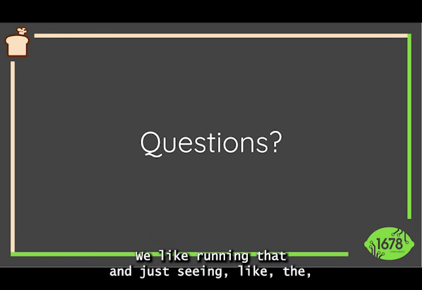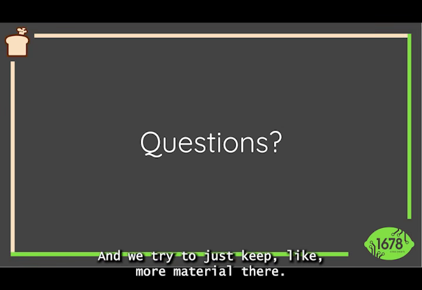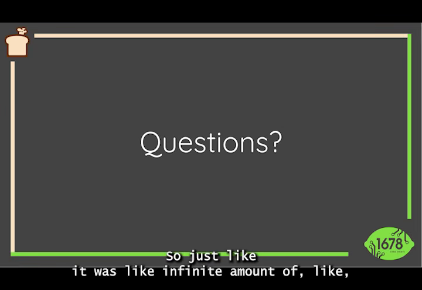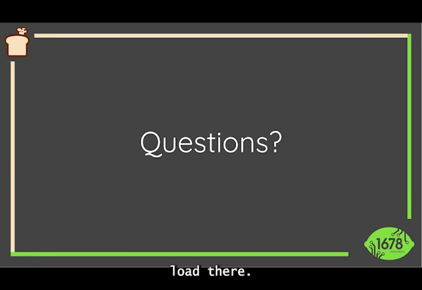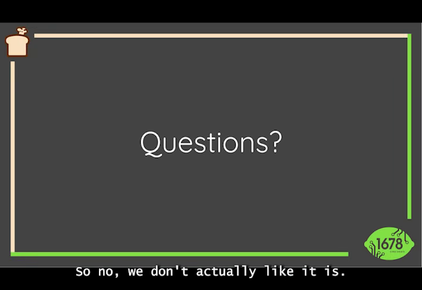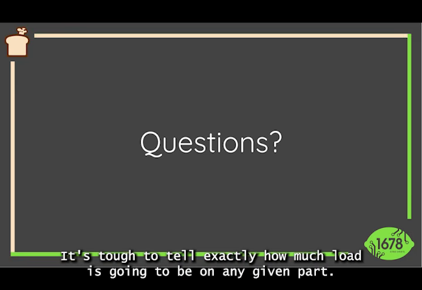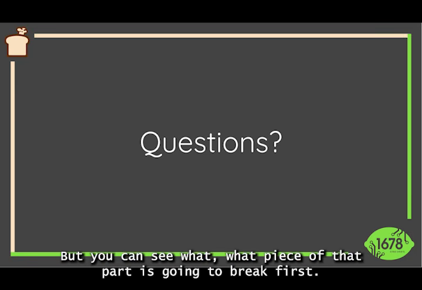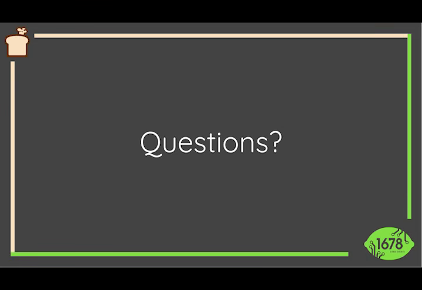We run that and see the points with the most load, and we try to keep more material there. But it just puts an infinite amount of load there, so it's not really simulating. So no, we don't actually do that. Because it's tough to tell exactly how much load is going to be on any given part, but you can see what piece of that part is going to break first. That is where simulations come in useful.